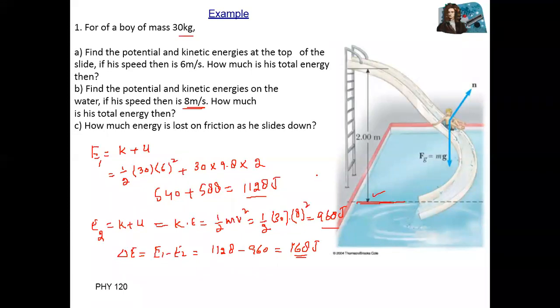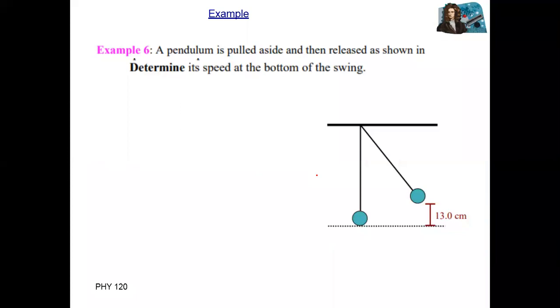Now, next example, a pendulum example. A pendulum is, for example, you can see, disturbed from the mean position, from the original position. At this position, at a height of 13 centimeters above the ground.